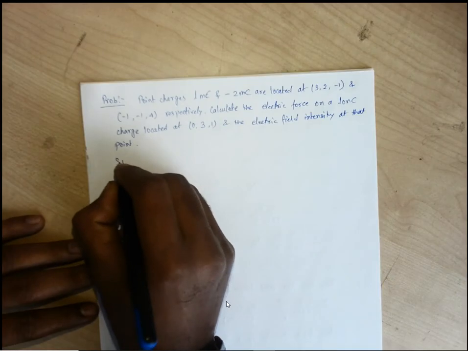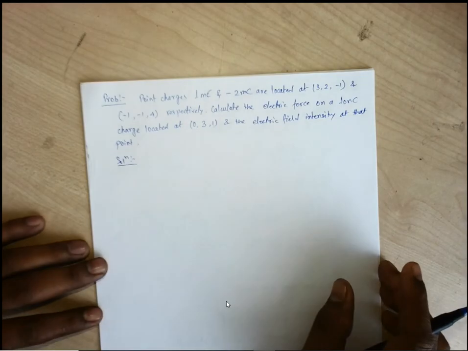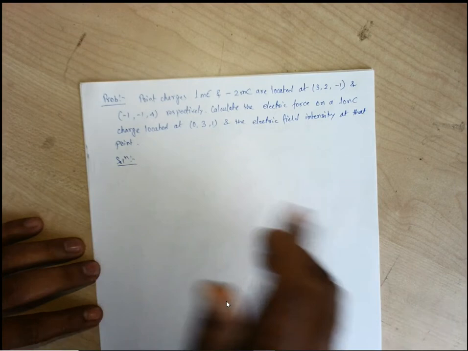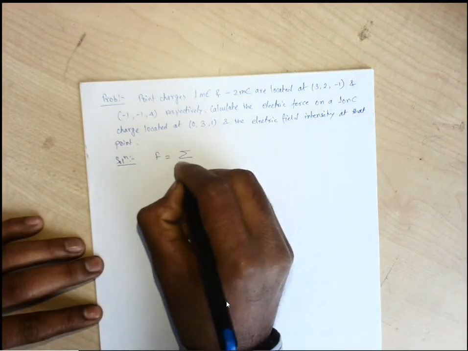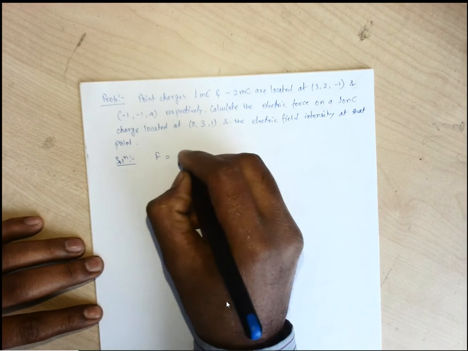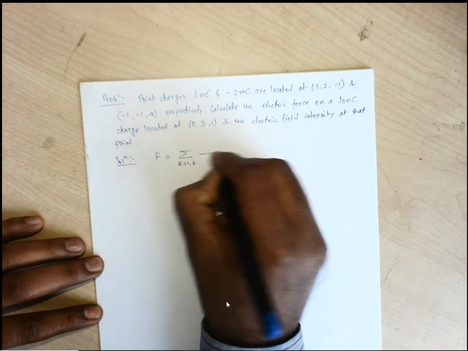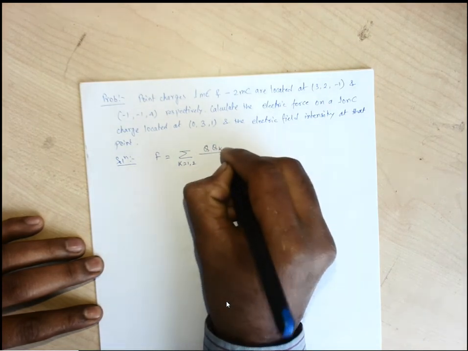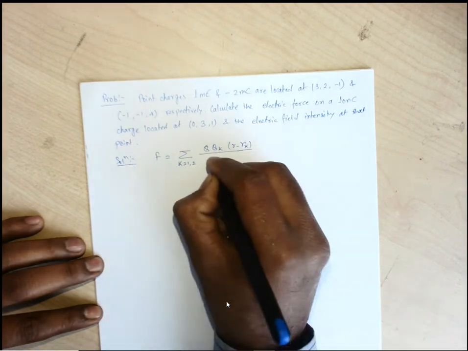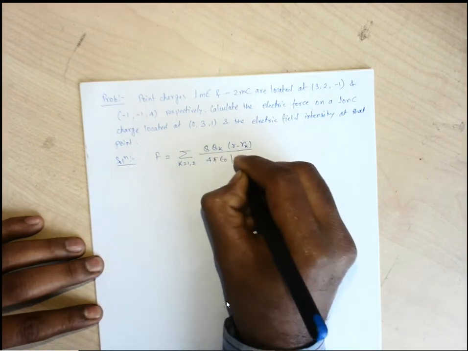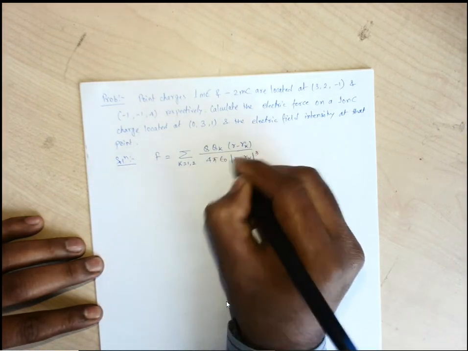So for the solution, we have more than 2 charges. The expression we use is: the force exerted by charges k on some charge Q is Q times the sum of Qk (R minus Rk) divided by 4 pi epsilon naught mod of (R minus Rk) whole cube.